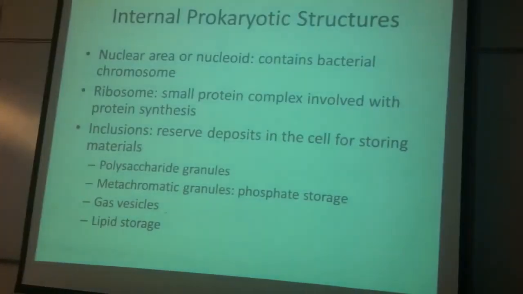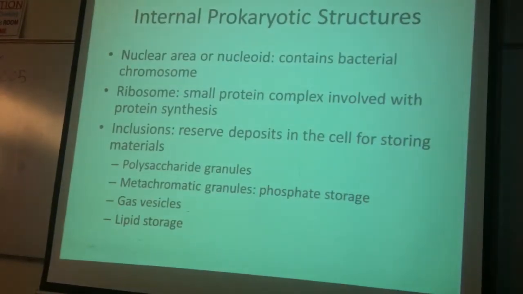They have inclusions, which is where bacteria put all their deposits, all their reserves. It's for storing materials. Inclusions are one of the problems with using bacteria sometimes for making human proteins, because the bacteria goes, I don't know what to do with this, and shoves it all into an inclusion body, which we then can't get to, and it's inactive.